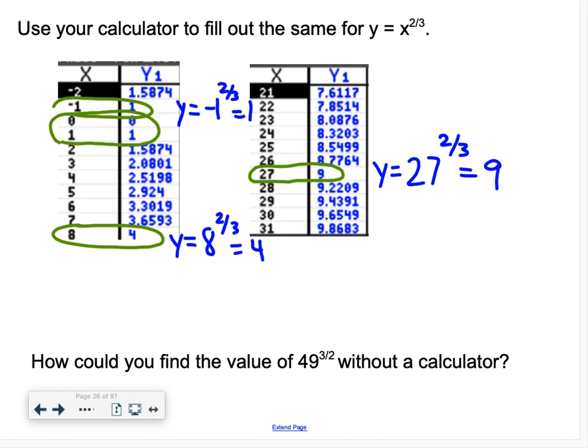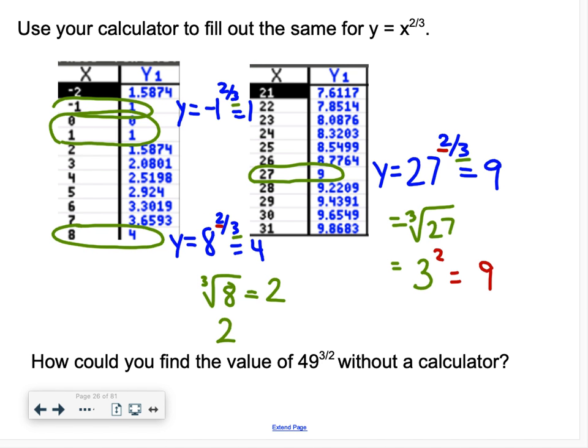So maybe you noticed that all of these were perfect cubes. So for example, the cube root of 27 is 3, and then 3 squared is 9. So maybe you notice that over here, if I do 8, the cube root of 8 is 2, and then 2 squared is 4.